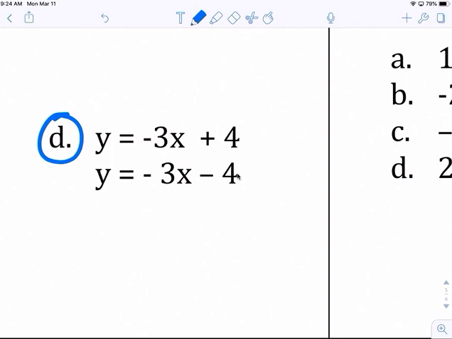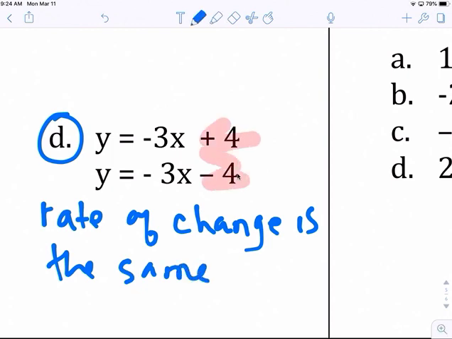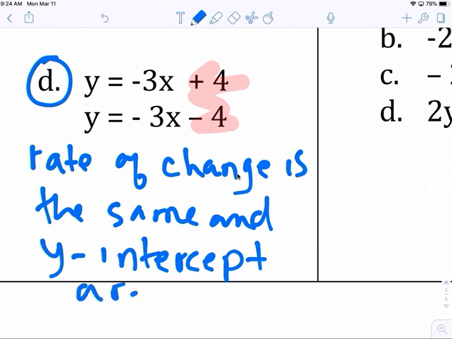Rate of change is the same. Find the other one, your job. Rate of change is the same, and the y-intercept are different. Okay, find the other one. There's two of them.